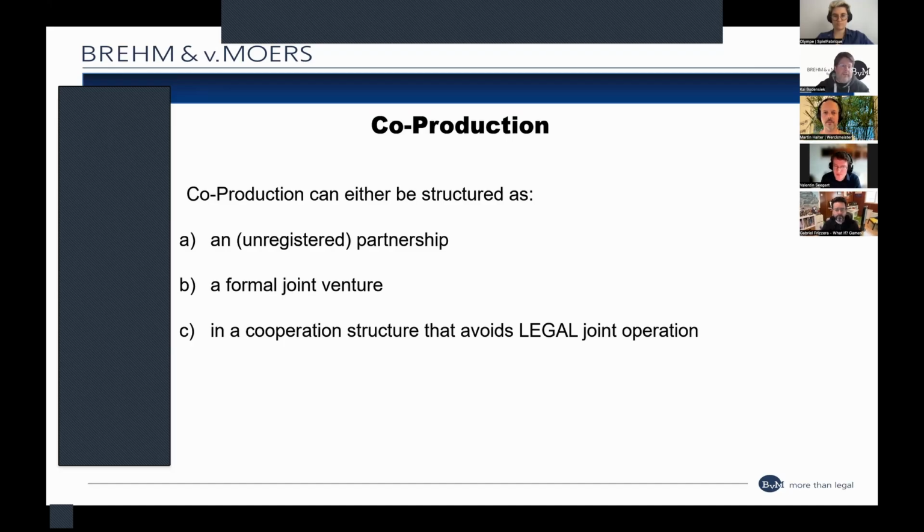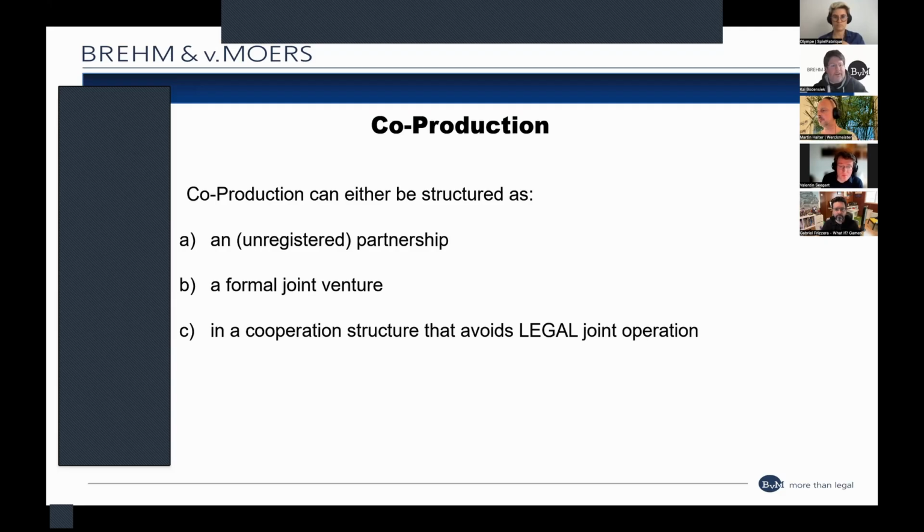So the three common approaches to co-production are either a partnership, registered or unregistered. It could be a formal joint venture, which means that we actually set up a company jointly owned by both parties. Or we can try to set up a co-production in a cooperation structure that tries to avoid a joint operation. Why is this a relevant issue?